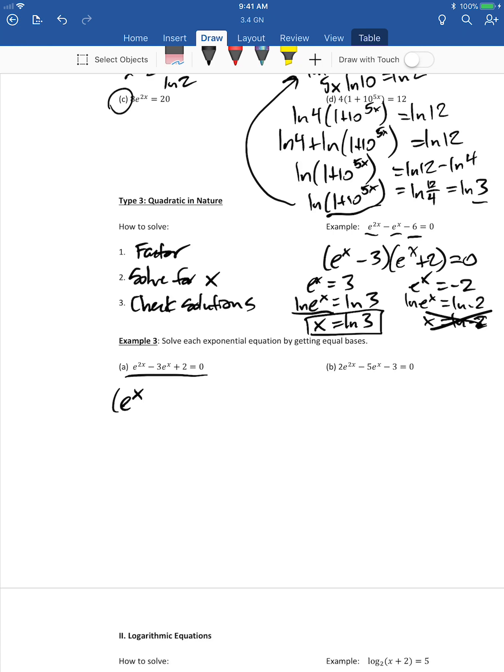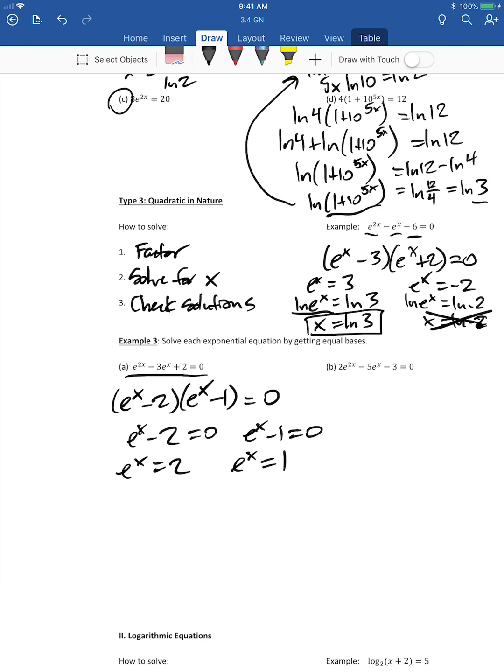This factors very nicely again. Use your x method if you need to. And then set each one equal to 0, solve for x. Take the natural log of both sides.